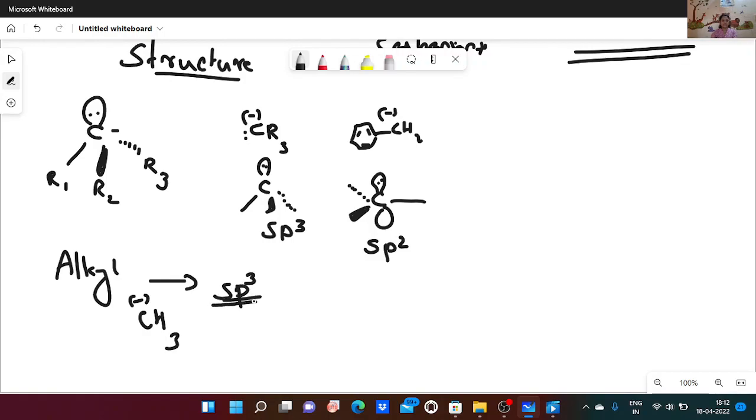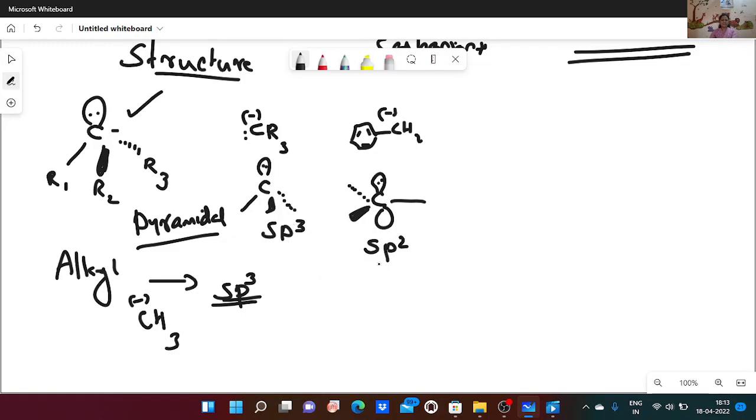The central carbon atom undergoes sp3 hybridization, and the shape is pyramidal, like that of ammonia and amines, which have a pyramidal shape with one lone pair. So the shape will be pyramidal and hybridization will be sp3. Generally this is the case of alkyl carbanion.